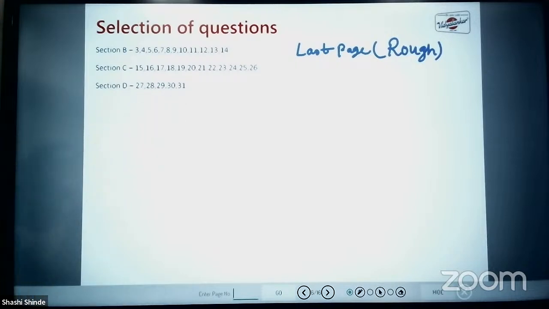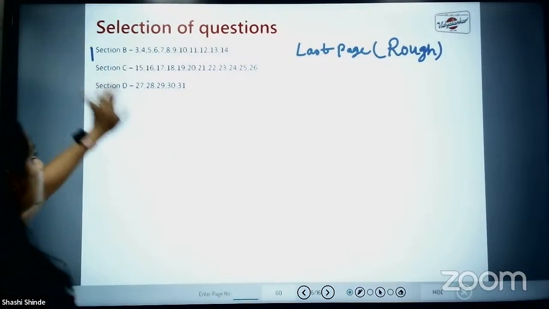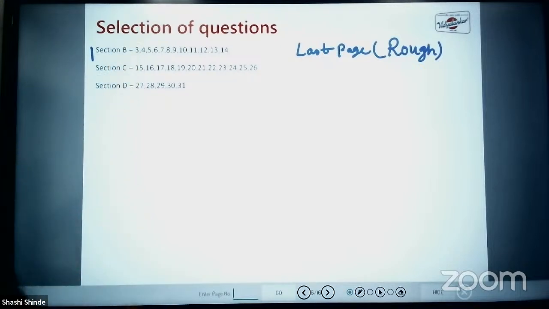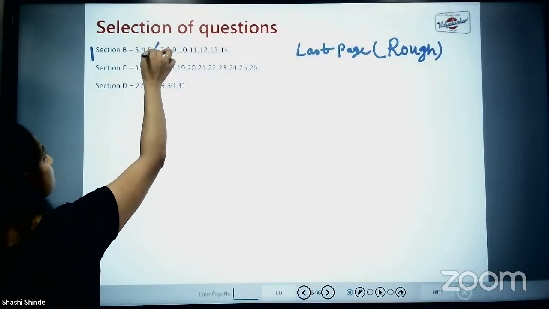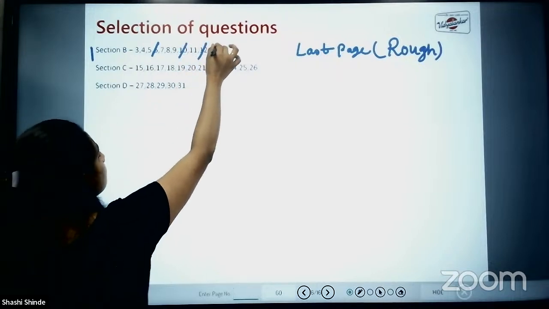Fine. As we know, we have to select any 8 questions for section B as well as section C. So in section B, suppose we are going to keep question 6 as an option, question 10 as an option, 12 and say 13.